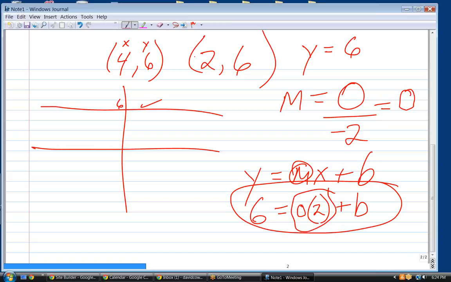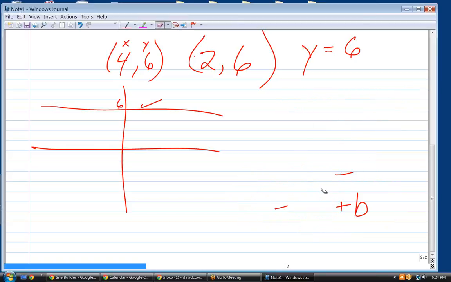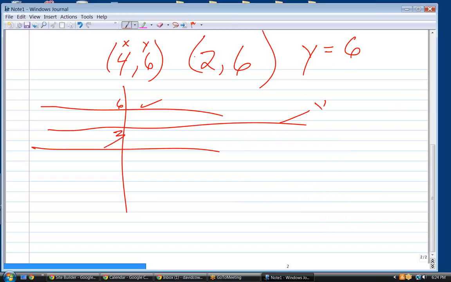Okay? So there's two special kinds of lines that don't follow our normal pattern. One is horizontal lines that are always y equals some number. If I want to draw a horizontal line through 3, that's y equals 3. And vertical lines. If I draw a vertical line, that's x equals 3.